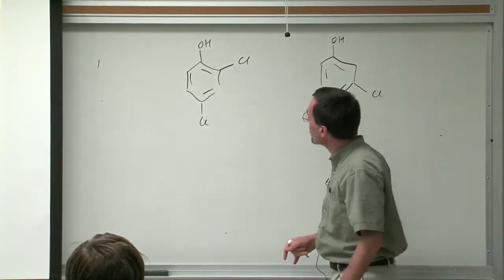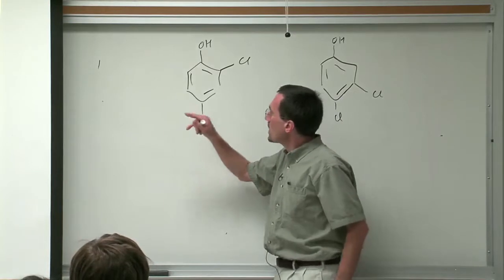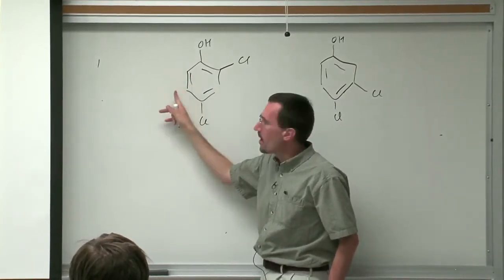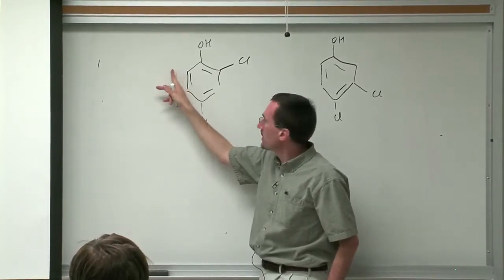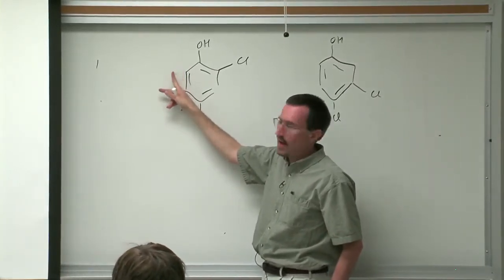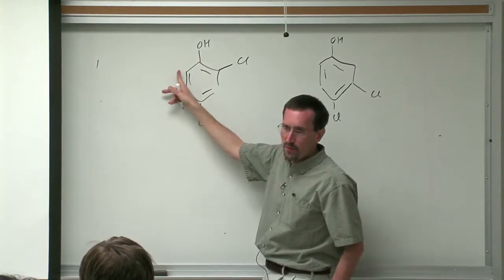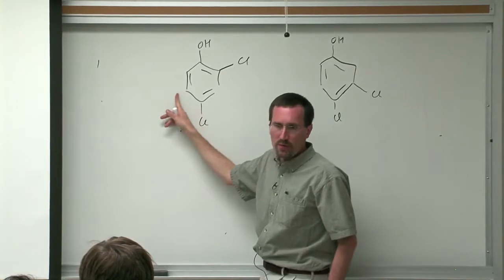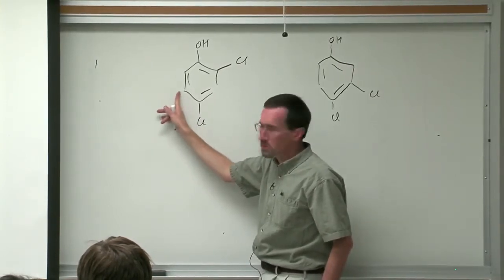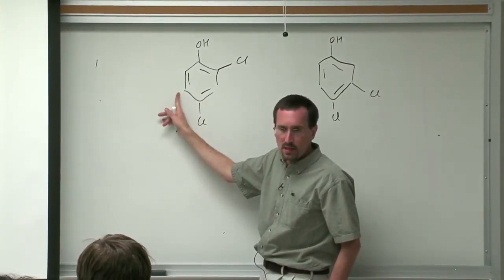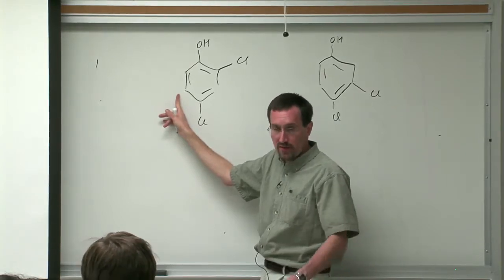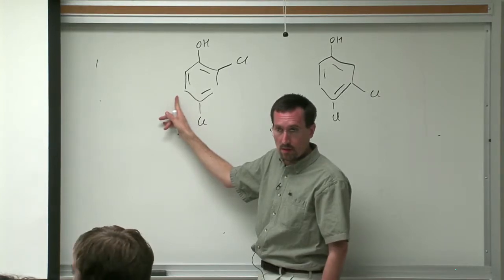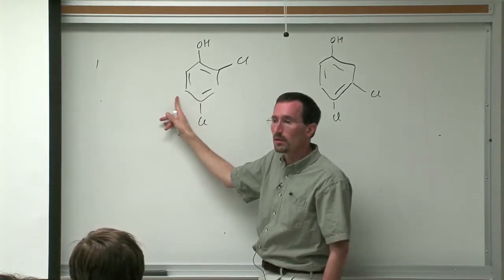If you look at the proton NMR, we would expect to have one proton that is split by an ortho coupling, so we would expect it to be a doublet, and its J value would be on the order of about 7 or 8 hertz. We would see another proton. What would you expect this proton here to appear as? A doublet of doublets with J values of 7-ish and, what's meta coupling? 3.